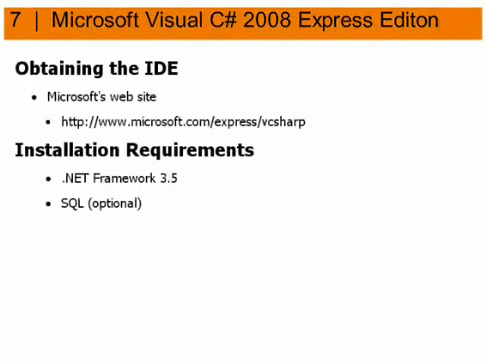To use the examples in this training course, you should have Microsoft's Visual C# 2008 installed on your development system. If you don't have Microsoft's C# installed, you can use Microsoft's Visual C# 2008 Express Edition. This is a free development system provided by Microsoft.